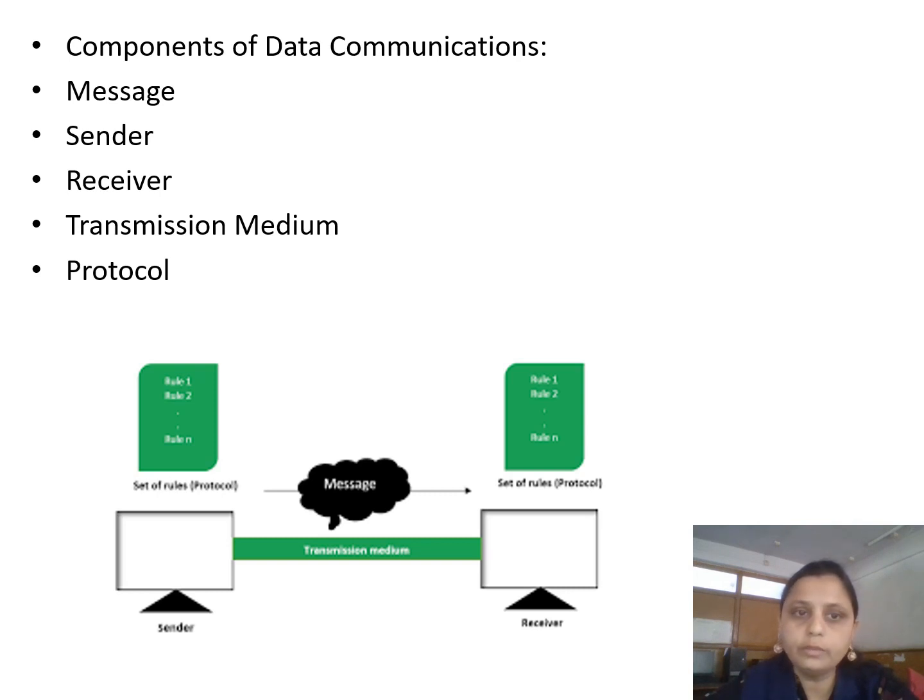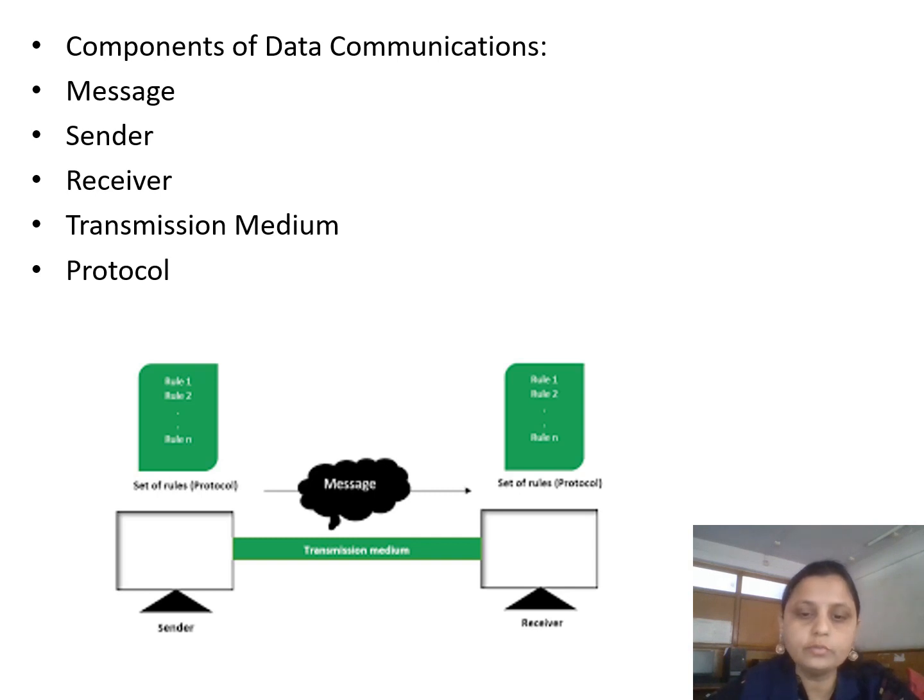There are five components in data communication: message, sender, receiver, transmission medium and protocol. Here is the sender, and on the other side there is a receiver. Sender is also called the source, receiver is also called the destination. We send the data from source to destination by using a transmission medium.